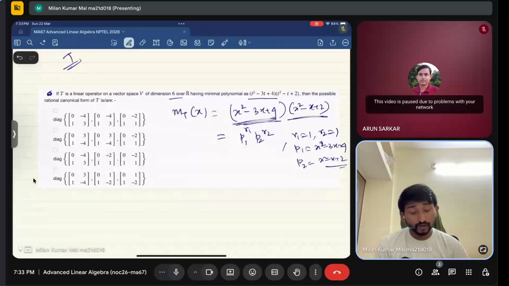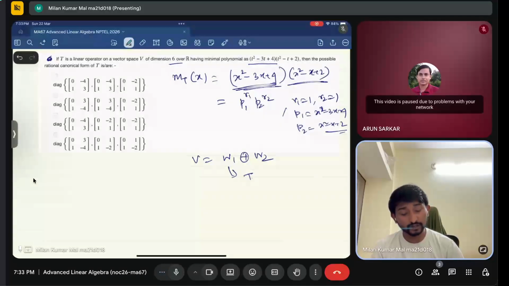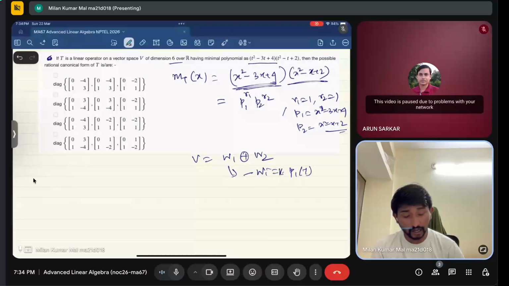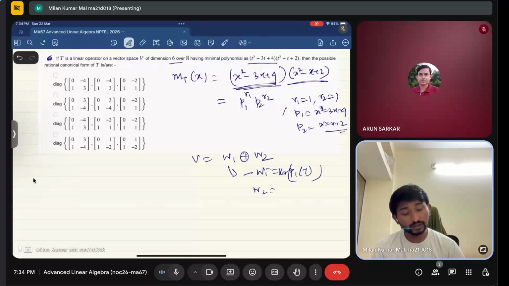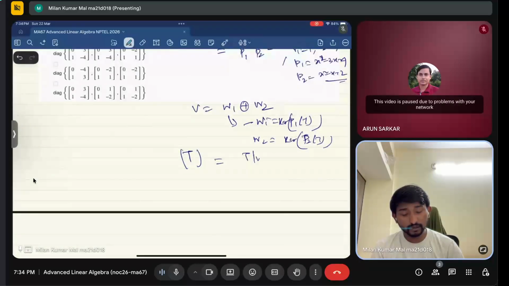So now we will have a decomposition of the vector space V into subspaces W1 direct sum W2, where W1 is the kernel of P1(T) and W2 is the kernel of P2(T). So the matrix of T will be T restricted to W1 and T restricted to W2.